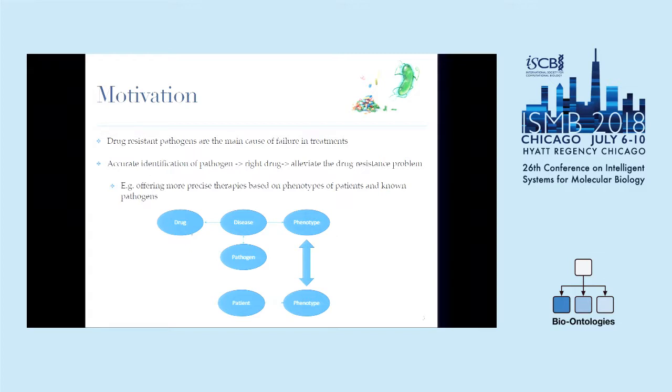As you can see in the figure, we link diseases and phenotypes, and then we link them to the drugs, and then we link phenotypes to disease. And then for a given patient with a set of phenotypes, we can use some semantic similarity-based method to map the patient phenotypes to the knowledge base.